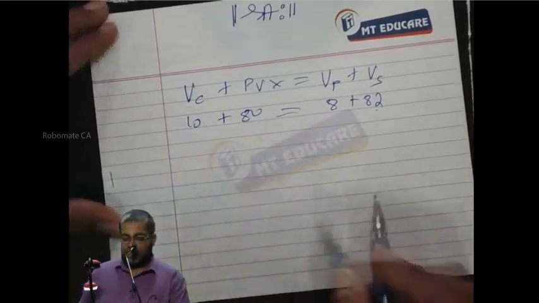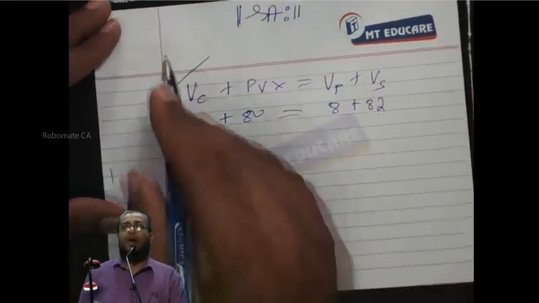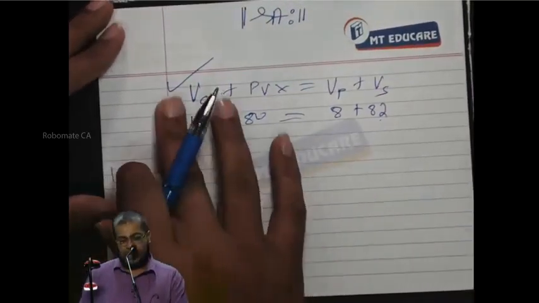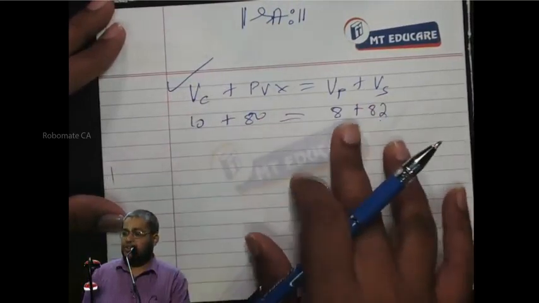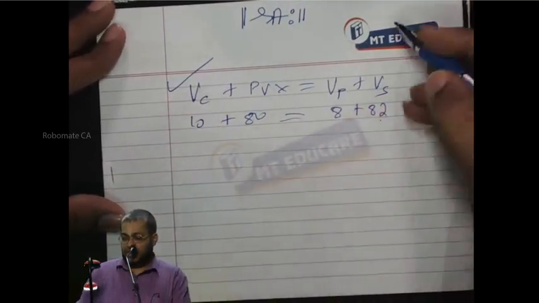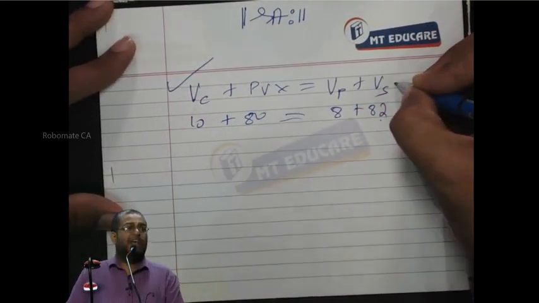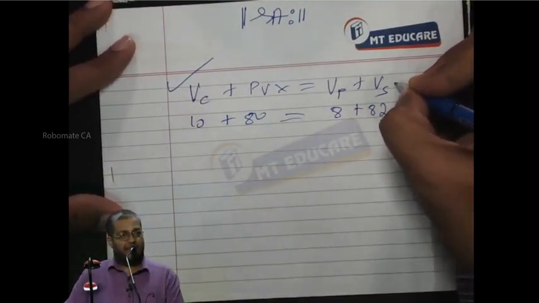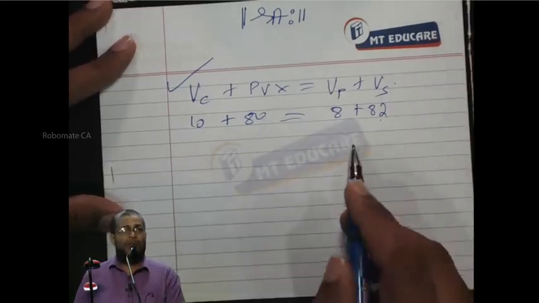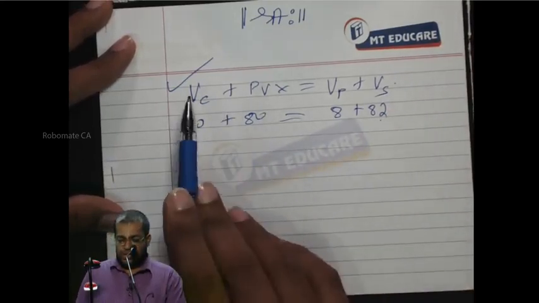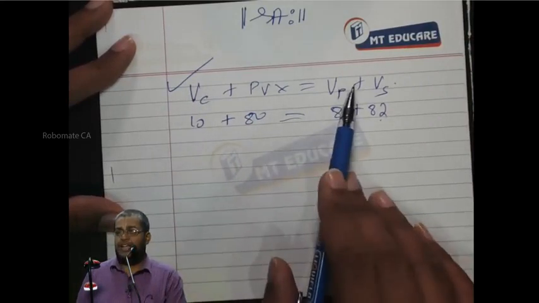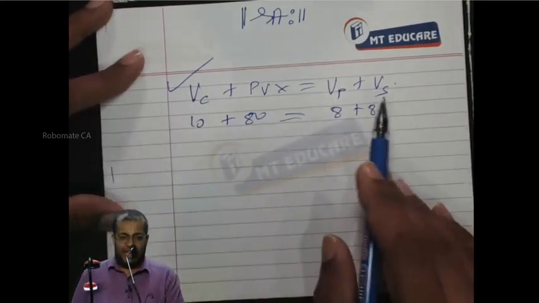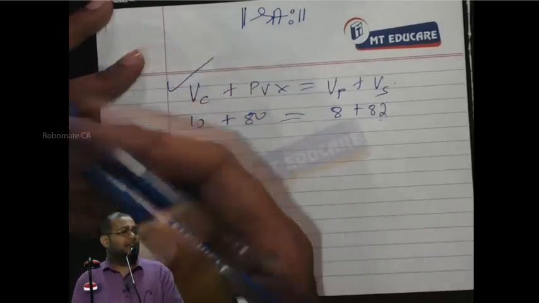Now, the question is, sir, what is this equation? How has it been arrived at? Why is it called VC plus PV of X is equal to VP plus VS? Now we are going to understand the meaning or the derivation of this equation first. Once we understand this, in the next stage we will do a problem where the question will give you the value of call and the value of put, and ask you to find out the value of share as a missing figure, and vice versa.